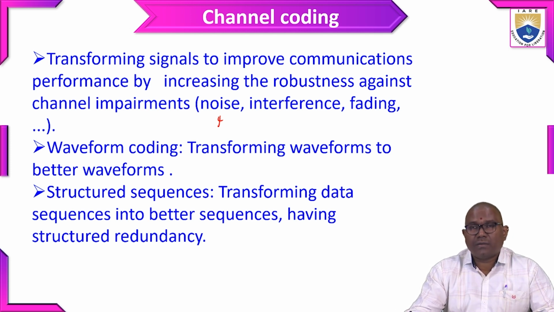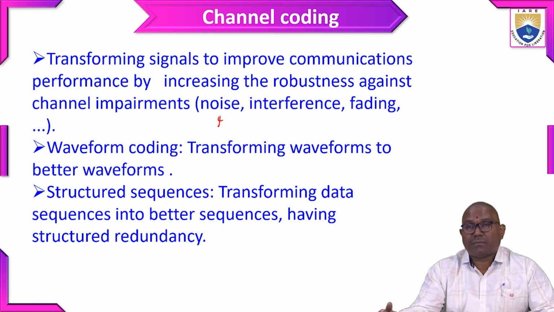In the wired channel, electromagnetic interference is also there. Another one is fading, which has different types: multipath fading, slow fading, fast fading and so on. Multipath means the receiver receives a number of reflections, so the signal has different paths to reach the receiver.